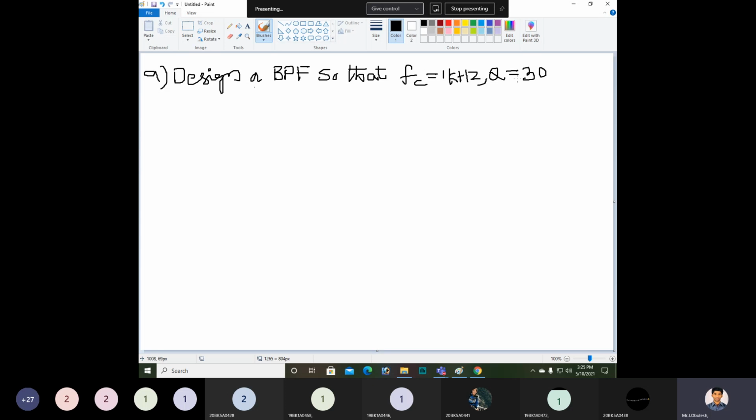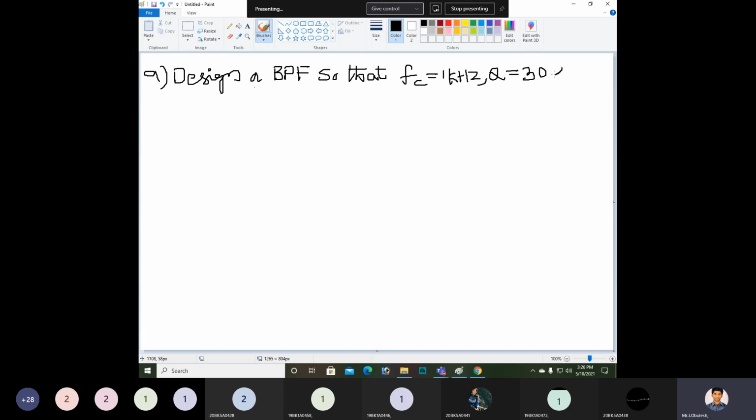If the quality factor Q is greater than 10, it relates to a wide band pass filter. If the quality factor Q is less than 10, it relates to a narrow band pass filter. You need to keep in mind that point. So by seeing that only, we will be able to know whether it is a wide band pass filter or narrow band pass filter.